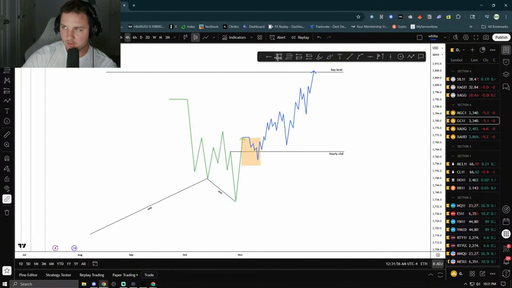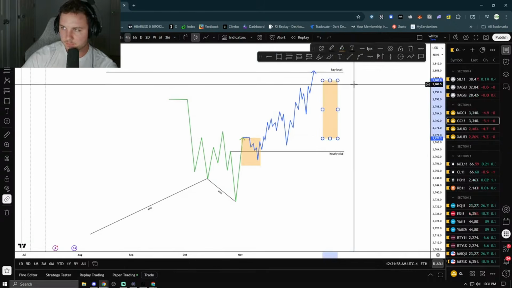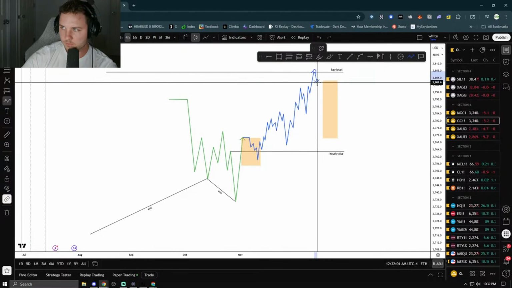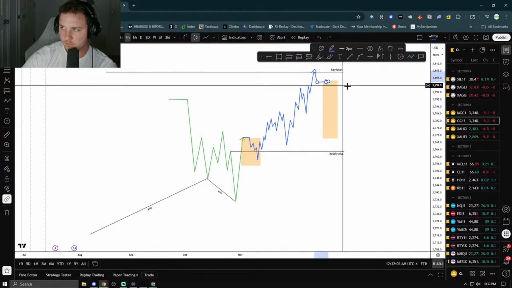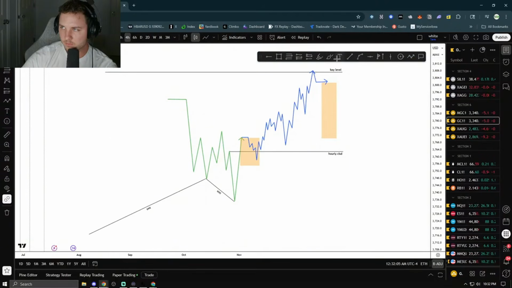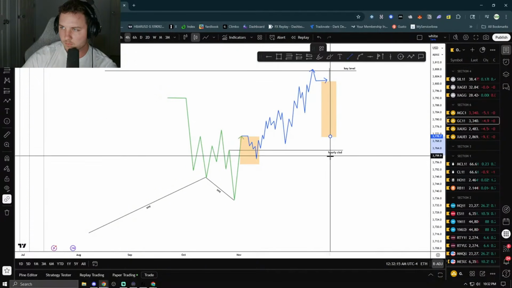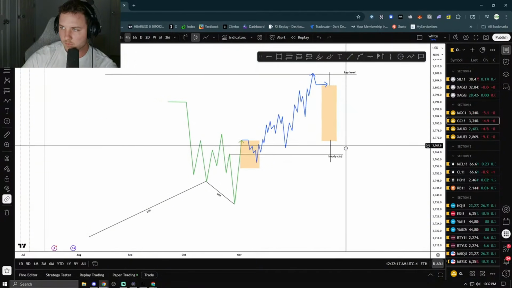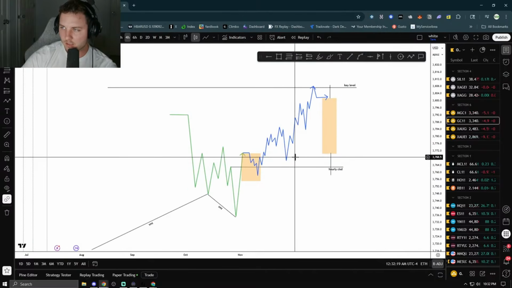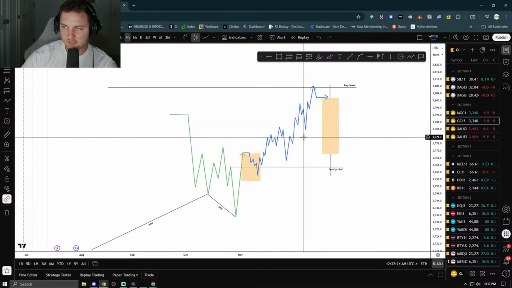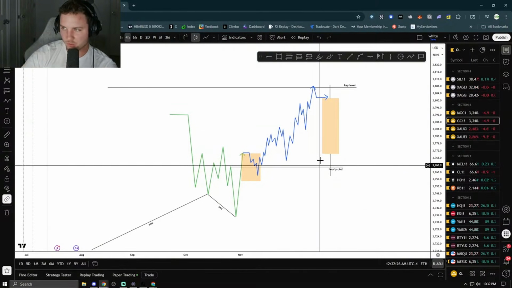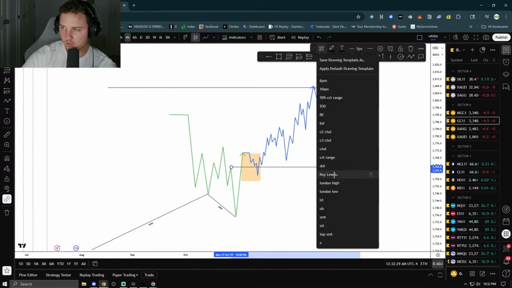On the 4-hour time frame, looking in hindsight, this supports expansion, right? Key level.